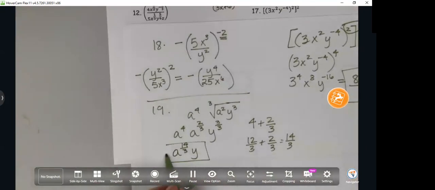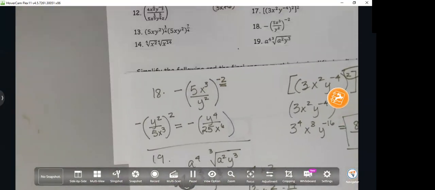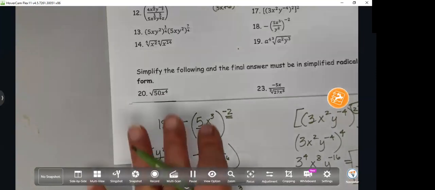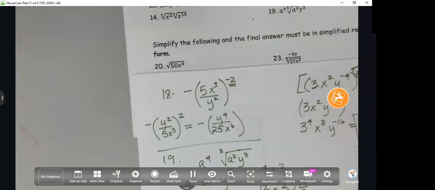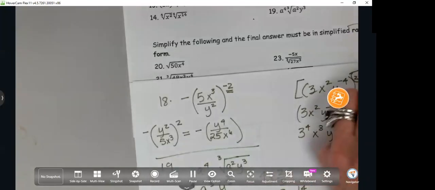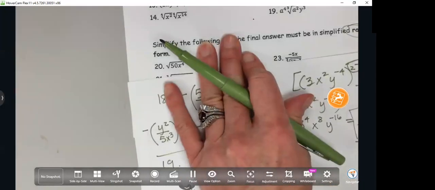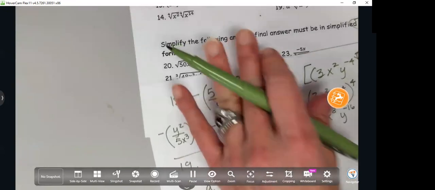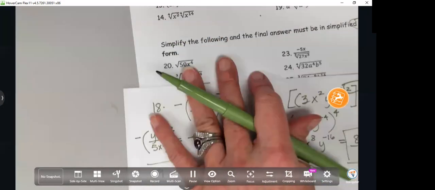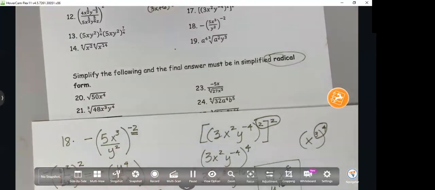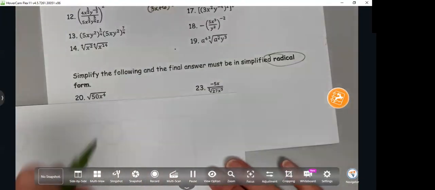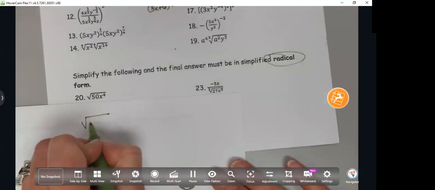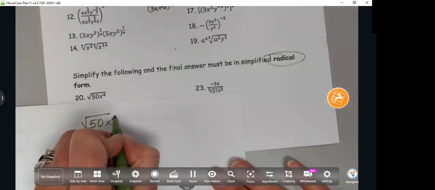Moving on, number 20, we've got the square root. Now we're doing radical form. So you need to know both the exponential form and the radical form. So we've got the square root of 50x to the 4th.